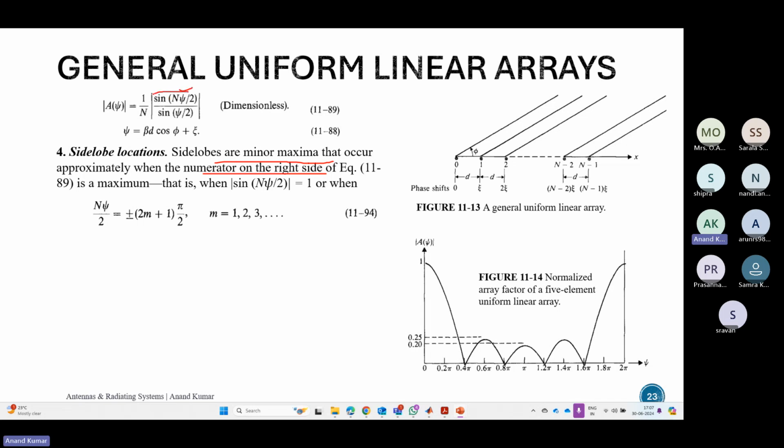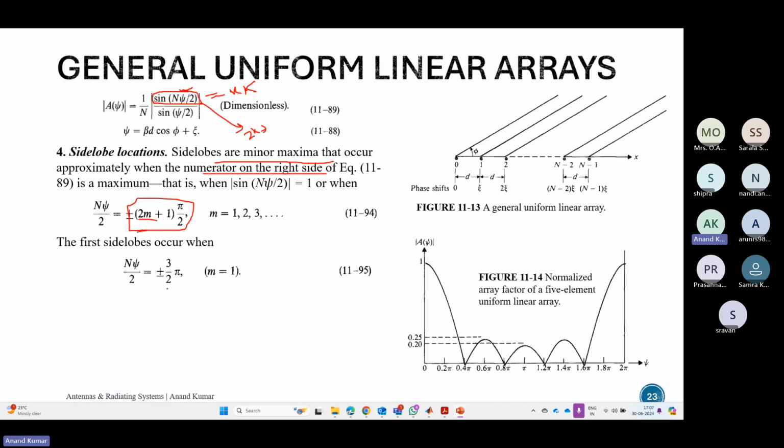For nulls, what we did was equate them to k pi, and for side lobes, we equate them to 2m plus 1, basically the odd multiples of pi by 2. If you equate them to odd multiples of pi by 2, you get the side lobes. If you equate them to multiples of pi, it gives you the nulls.